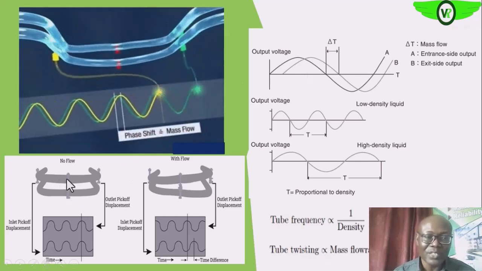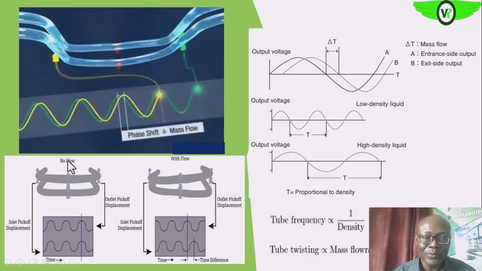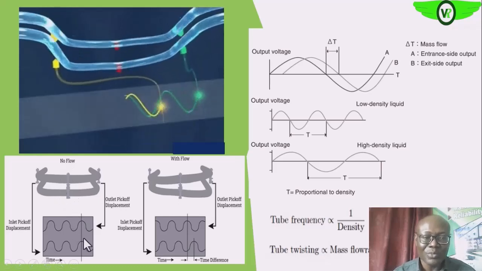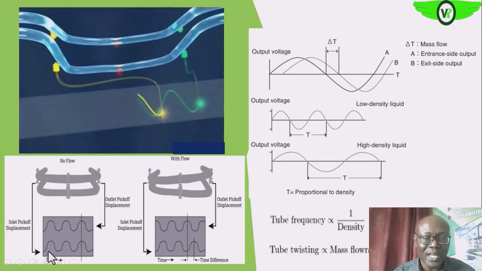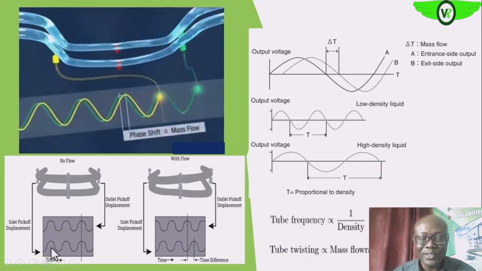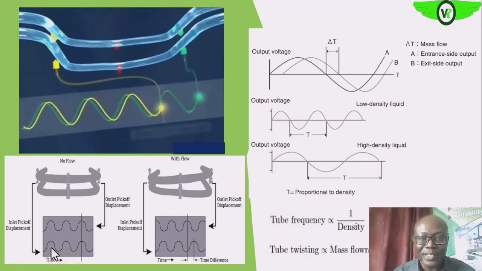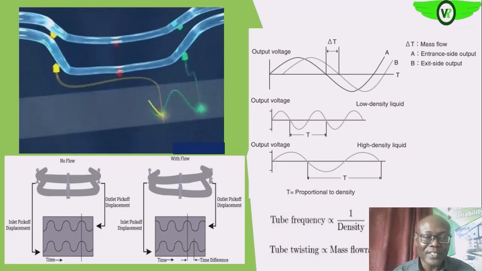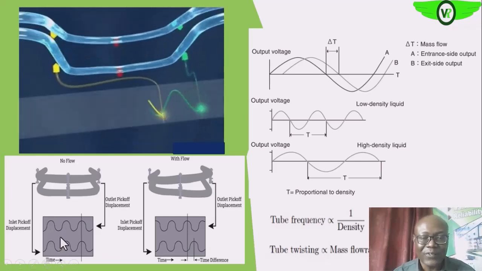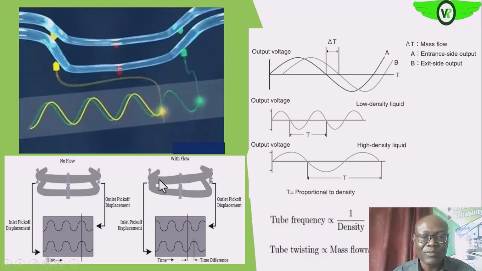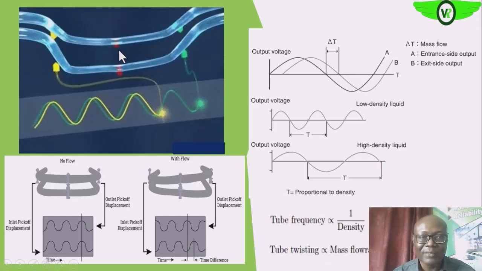Remember, as we saw earlier, when there was no flow, the oscillation is smooth, which means there is no shift between the input signal and the output pickup signal. So they are in phase: crest to crest, trough to trough. But once there is flow, you see the Coriolis effect causing the twisting of the tube, as you have here.